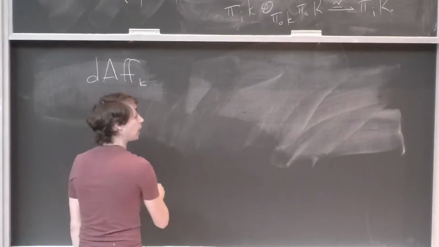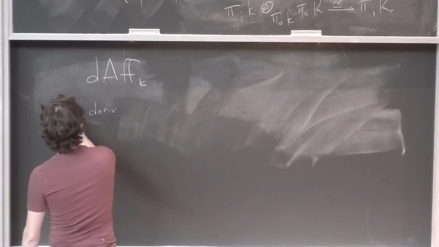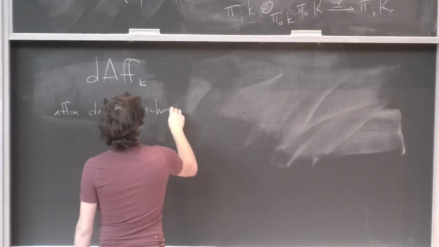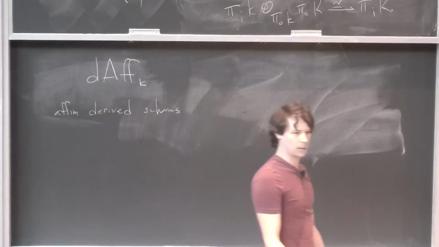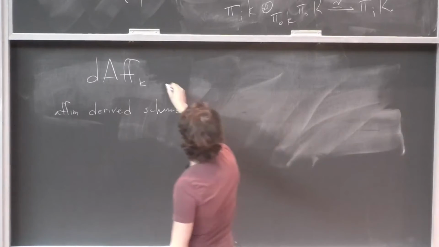So these are going to be the derived affine. This is going to be the homotopy theory of, maybe I'll say, affine derived schemes. And I think you all know what I'm going to say now. This category is just the opposite of the category we've been studying.